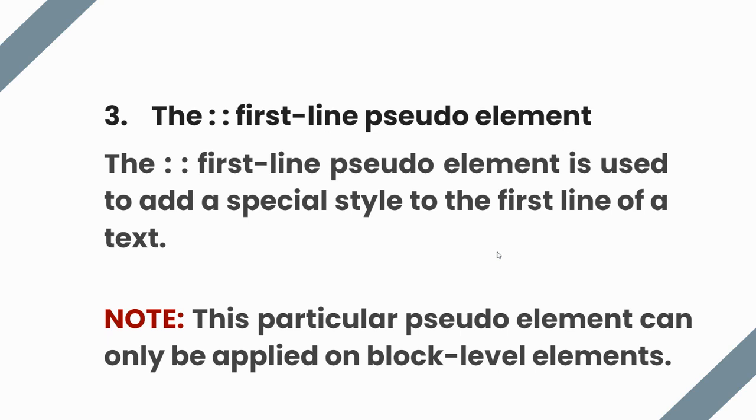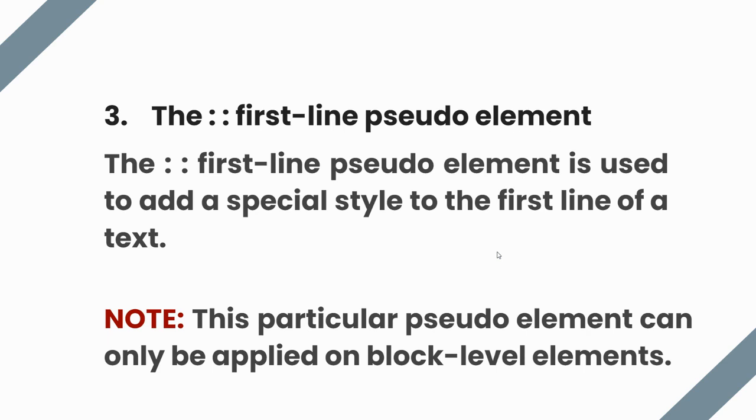So lastly, okay, second to the last actually, we have the first line pseudo element. The first line pseudo element is used to add a specific style to the first line of a text. Now, this might not necessarily be a text, but it's going to style the first line of any text element.